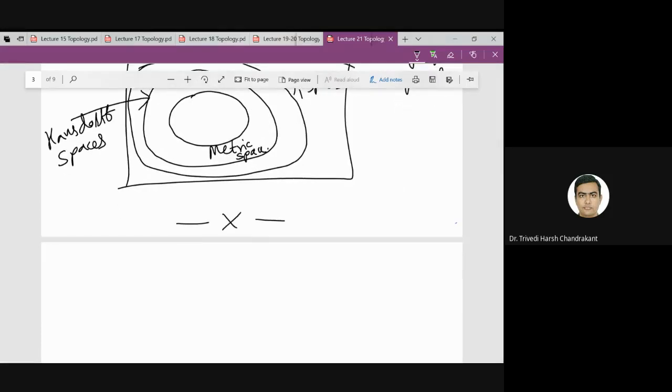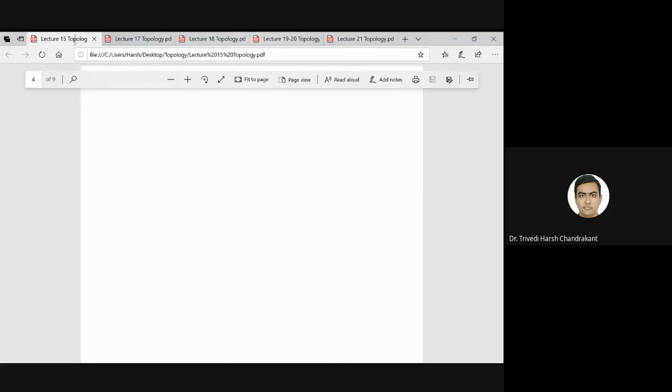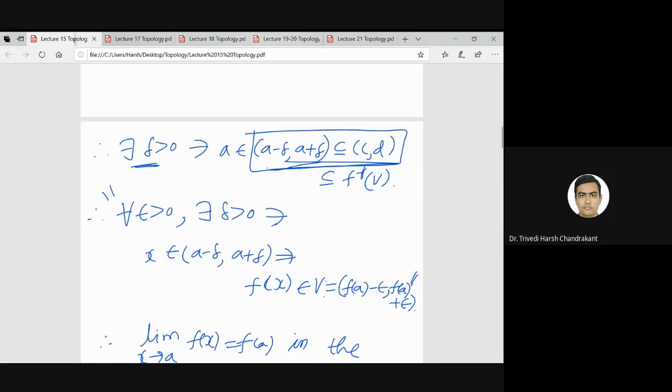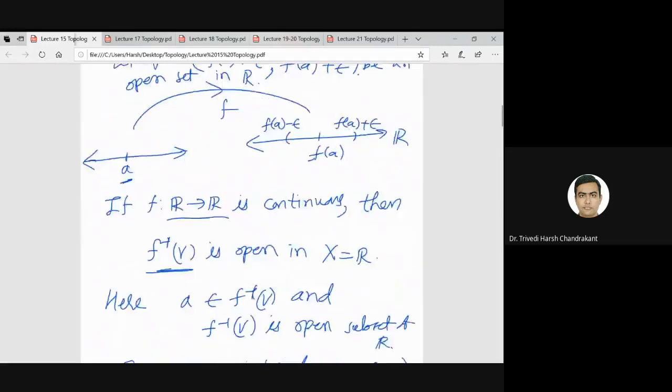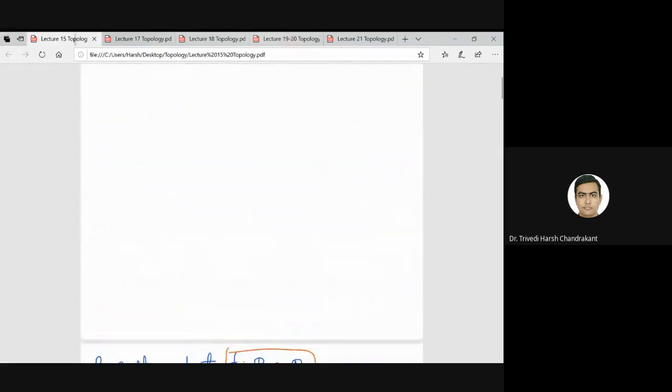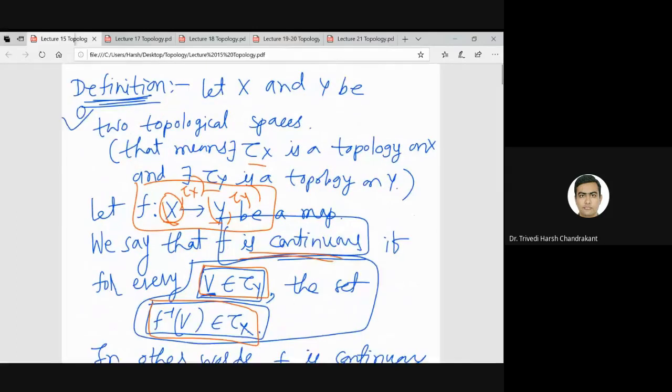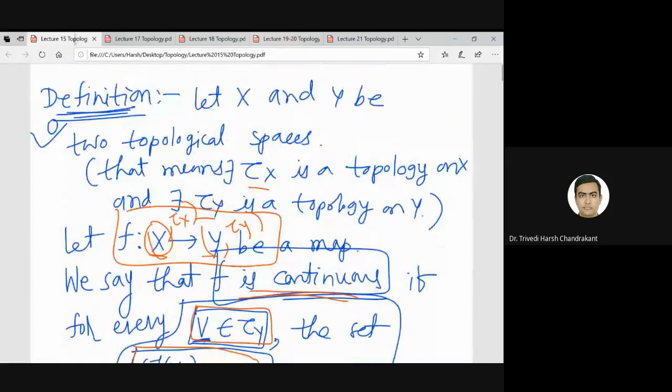Okay, so let us stop the discussion of Hausdorff spaces and go back to the new topic, that is continuous functions. In one of the lectures I discussed continuous functions on topological spaces.